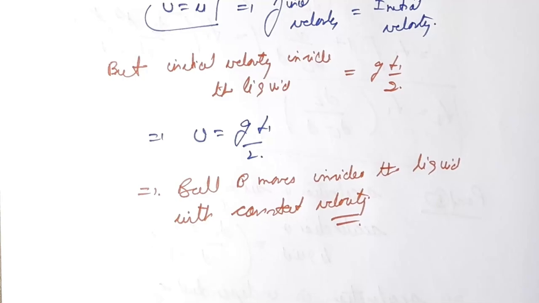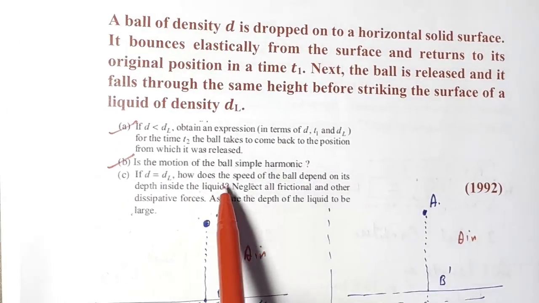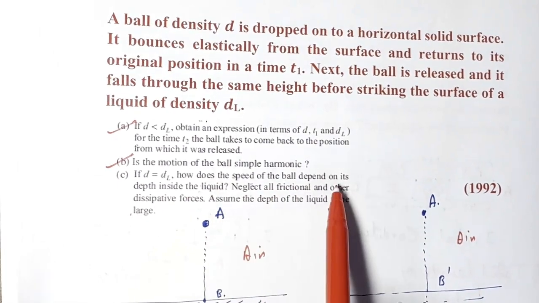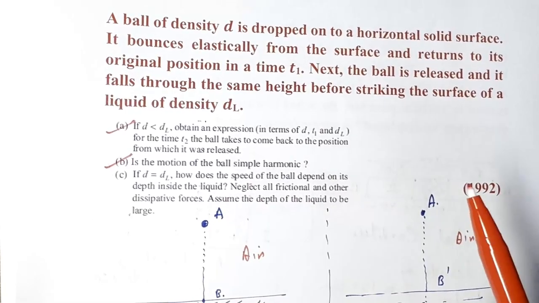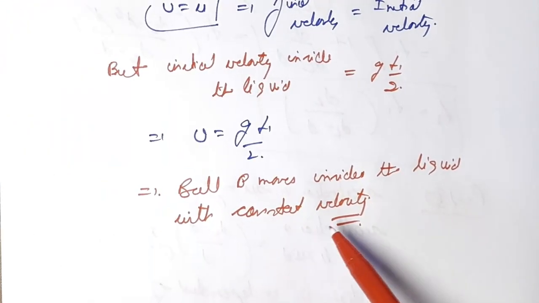And that was our part C, which asks how the speed of the ball depends on its depth inside the liquid. The speed of the ball is independent of the depth inside the liquid because it travels with constant velocity.